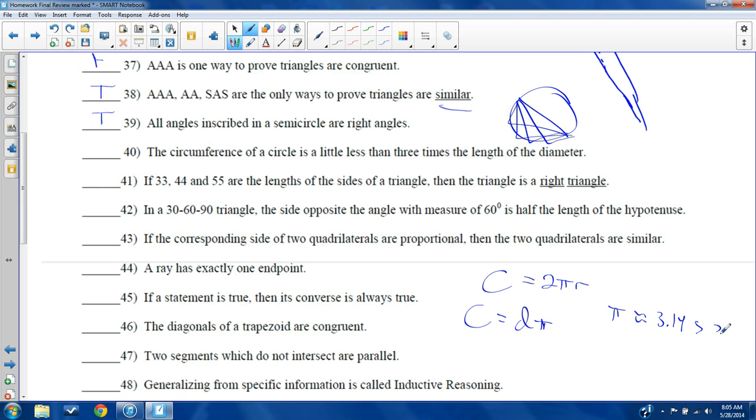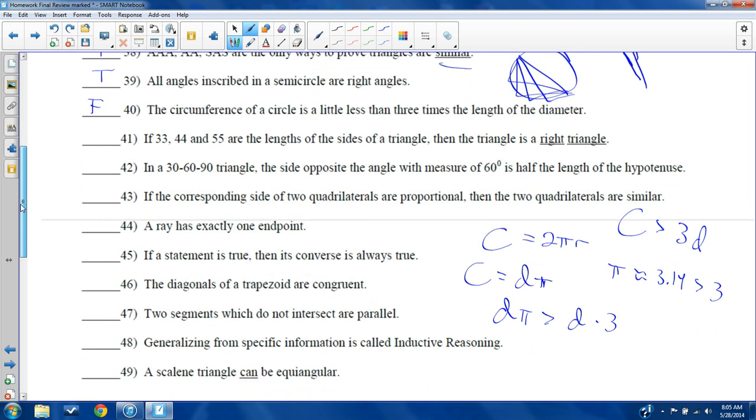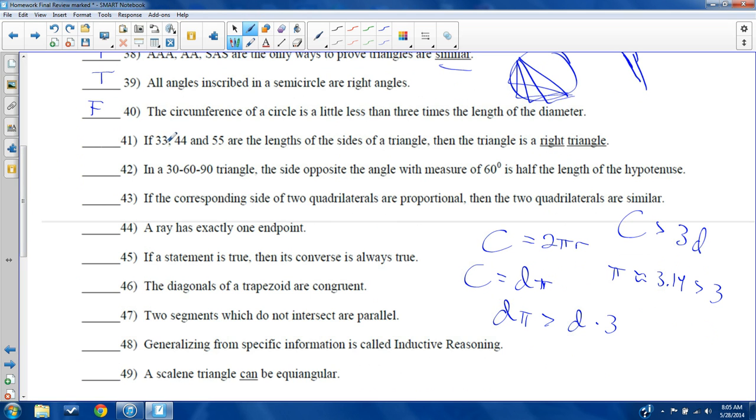The fact is, it's greater than 3. So if pi is greater than 3, then d times pi is greater than d times 3. So circumference is greater than 3d, not less than. So false. It is not less than 3 times the length of the diameter, it's greater than.